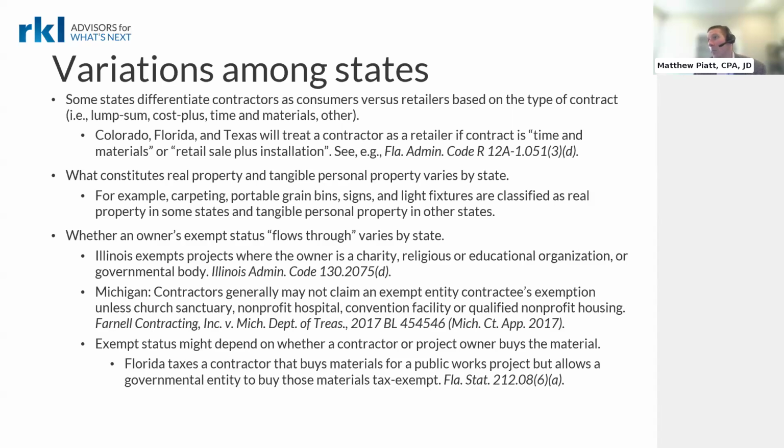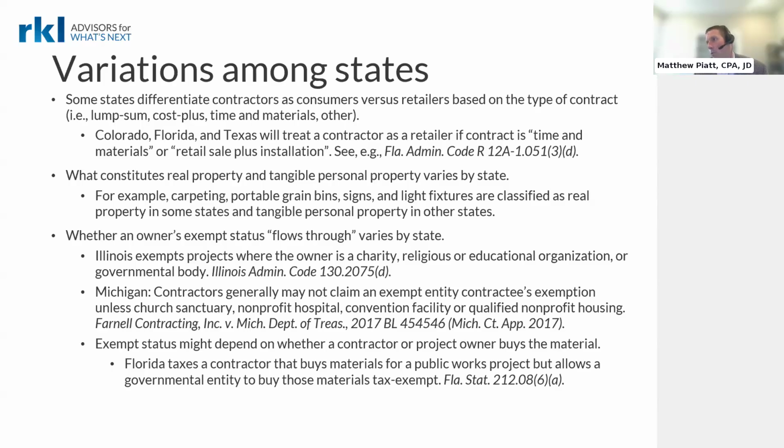We also see variation among states regarding whether an owner's exempt status essentially flows through and allows the contractor to purchase the materials tax exempt. In Illinois, we see that state will exempt projects where the owner is a charity, religious, or educational organization or governmental body. So it's specific about what exemptions are going to flow through.